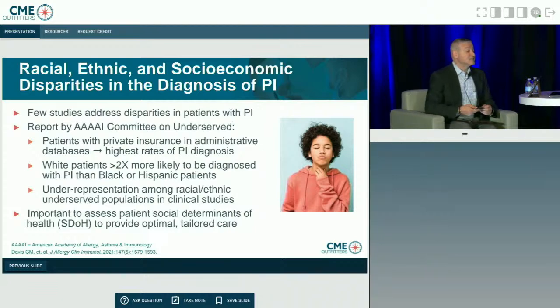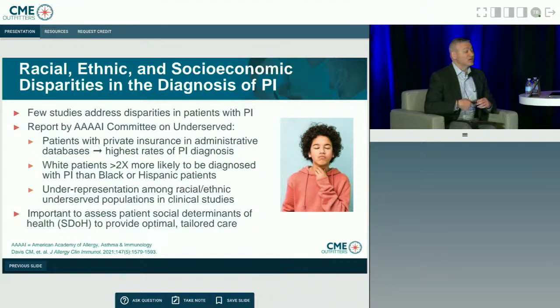Like other diseases that pediatricians care for, racial, ethnic, and socioeconomic disparities definitely impact the diagnosis of primary immunodeficiency. But admittedly, there are very few studies which specifically address these disparities in the diagnosis or management of these diseases. Recently, though, a report by the Quad AI Committee, which is one of our national organizations, published some data which shows that patients with private insurance in administrative databases actually had the highest rates of PI diagnoses.